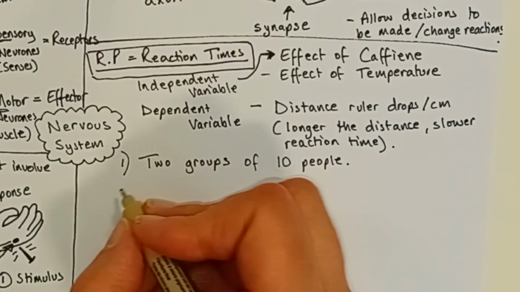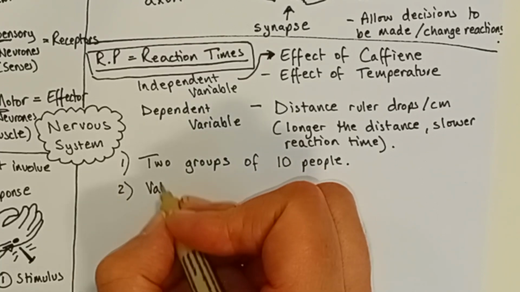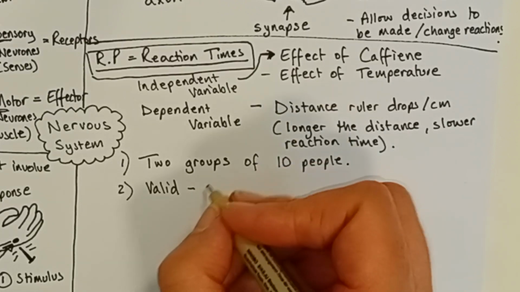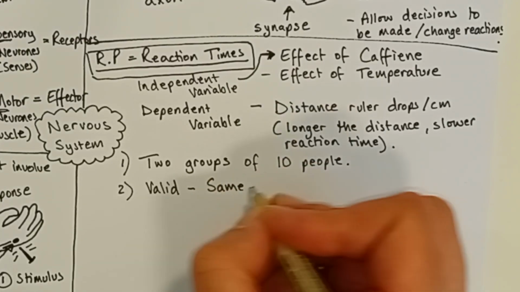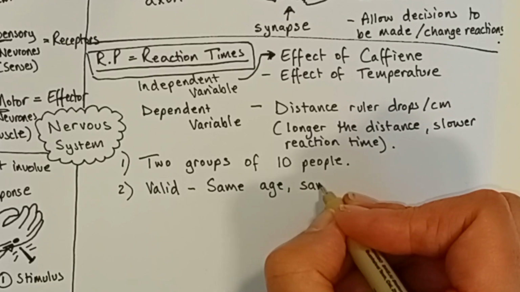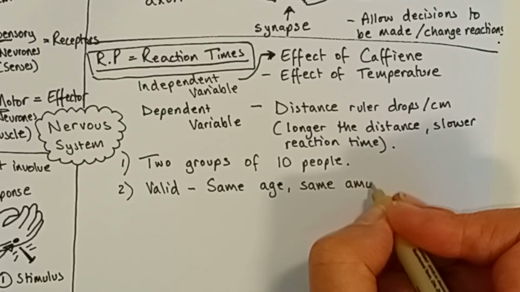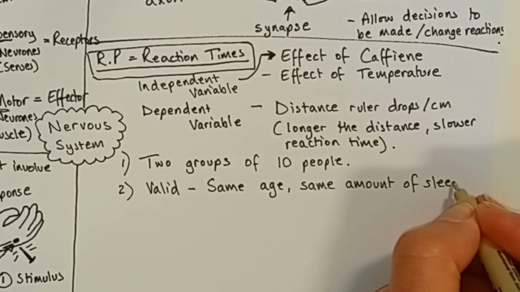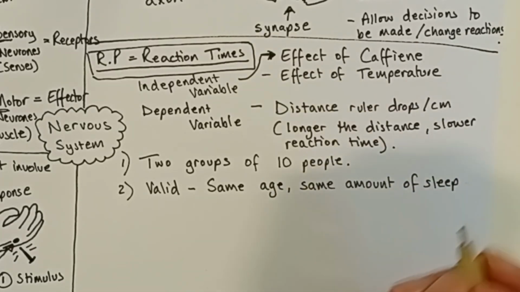I'm going to make it valid by controlling variables. So I'm going to make sure that the people are the same age, have the same amount of sleep, same amount of food.